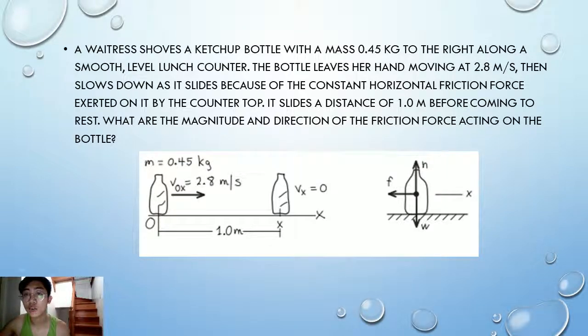May initial siya na 2.8 meters per second. And yung magiging final velocity natin is yung complete stop nung bottle, nung tumigil siya, nung in-apply ng friction force, which would be 0 meters per second. Bakit 0 meters per second yung final velocity? Dahil tumigil na siya, so dapat wala nang velocity yung bottle because at complete stop na siya.